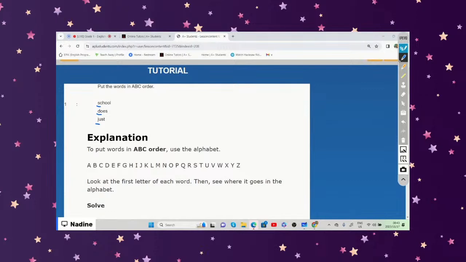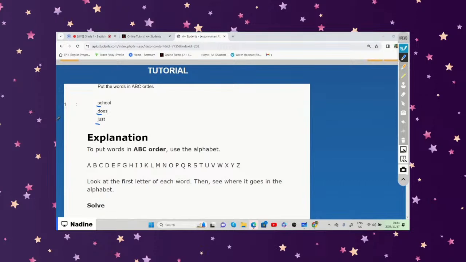So the words that we have are school, does, and just. If we put those words in order, think of the specific letters of the alphabet, right?